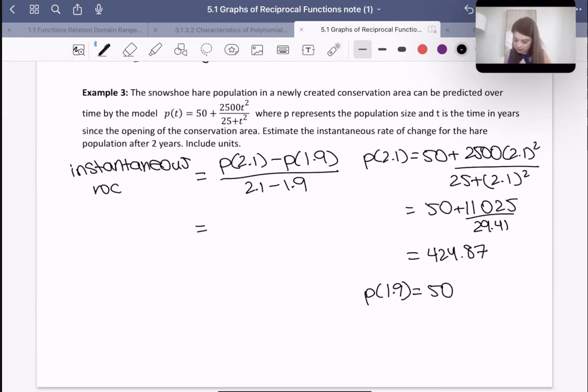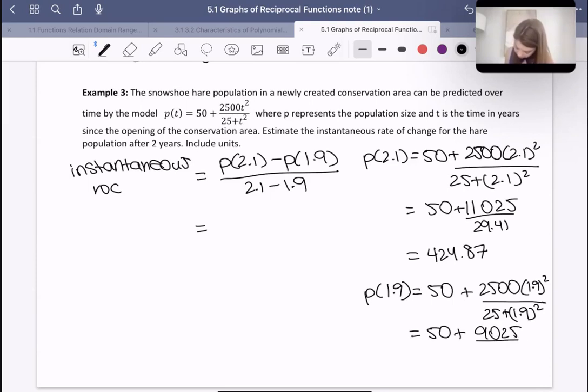All right. Now what about this one? It's going to be 50 plus 2,500 times 1.9 squared over 25 plus 1.9 squared. So that's going to be equal to 50 plus, well, let's see, 1.9 squared times 2,500 is 9,025.